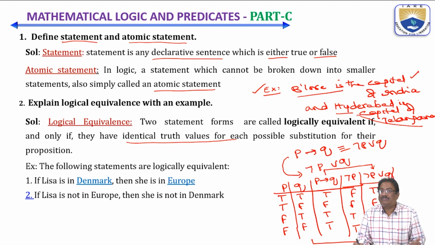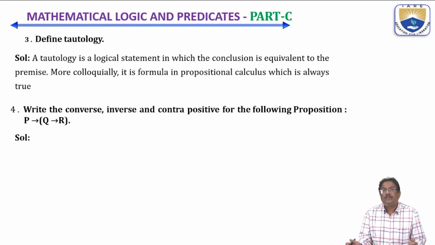Or else we construct a truth table, and if for all possible combinations the truth values are identical, then also we can say they are logically equivalent.